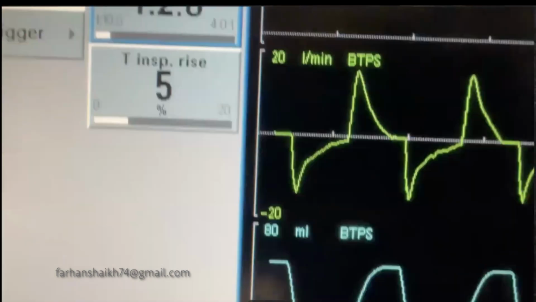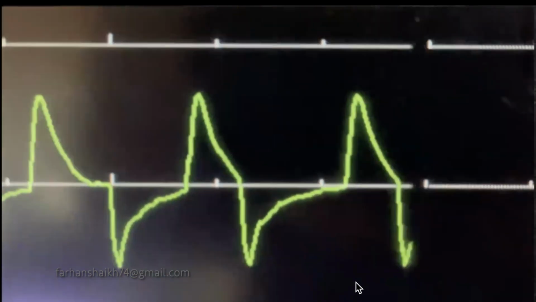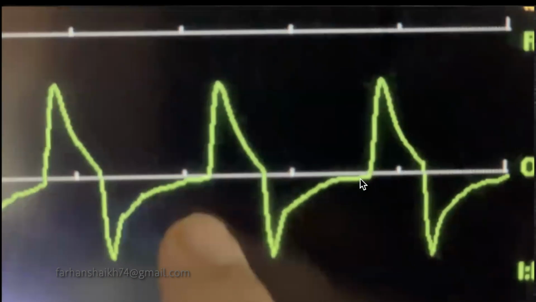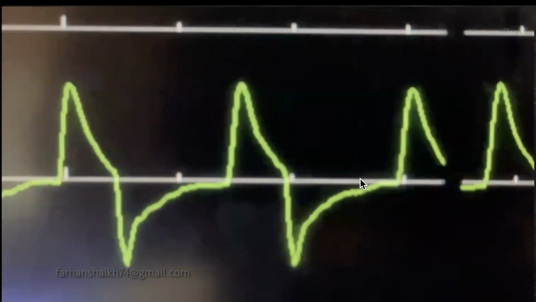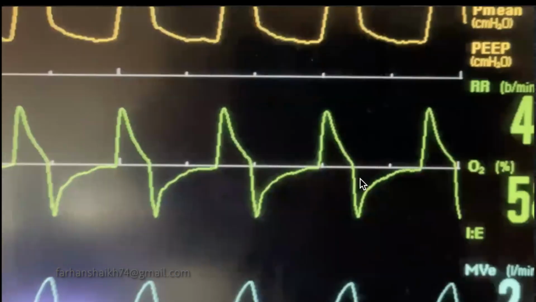And just by increasing the expiratory time, we can see that the flow is now reaching the baseline nicely. So in this case, we just reduced the rate, shortened the inspiratory time and increased the expiratory time, solving the problem of air trapping.